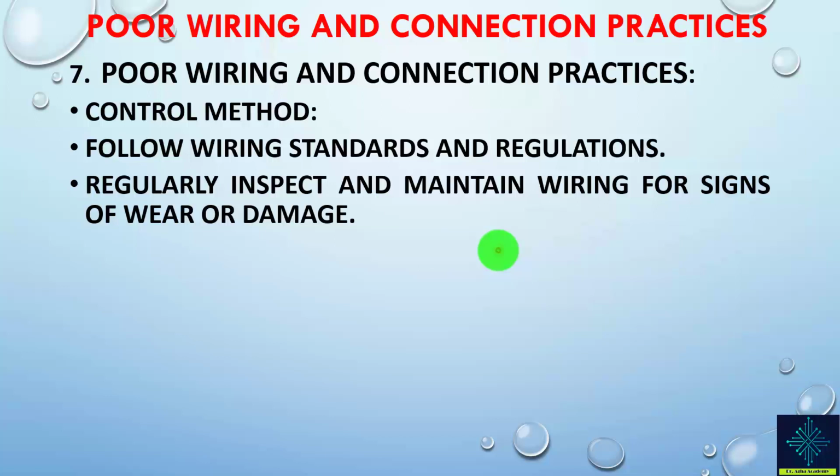We have to check the insulation of the wires and even the wires themselves whenever there is damage. Sometimes, for example, in ring type circuits, whenever there is some cut in some part of the circuit, this will lead to overloading part of this ring circuit and might lead again to heating and fire problems.